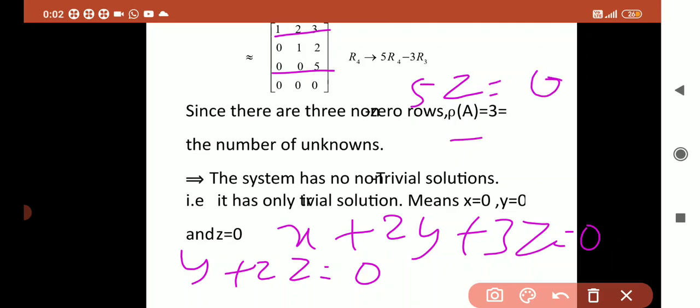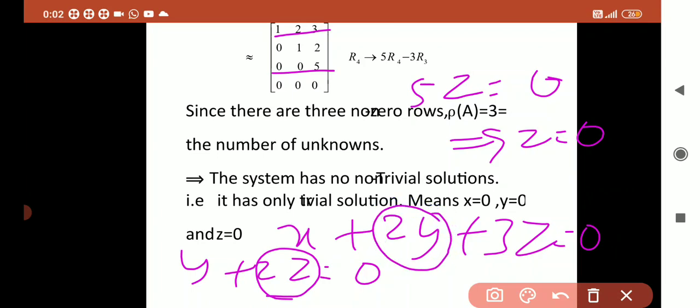This implies z equals 0. If you put z equals 0 in the second equation, y is also equal to 0. And in the first equation, substituting y equals 0 and z equals 0, x is also equal to 0.